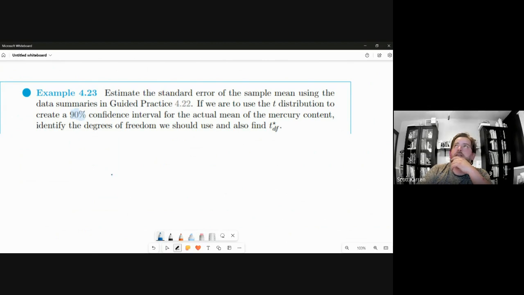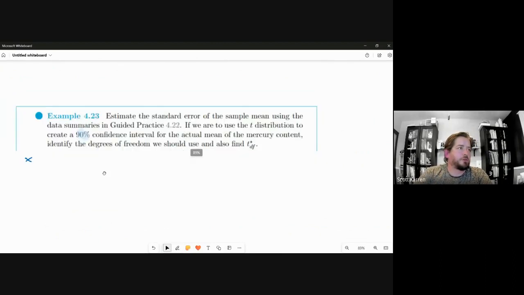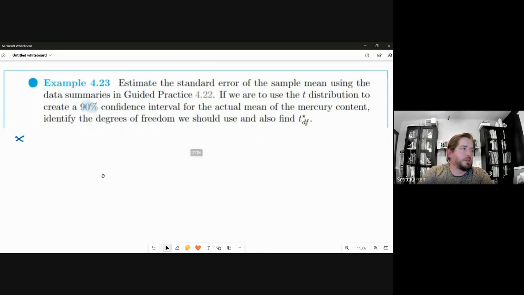All right, so my mean in that example was 0.287. The sample standard deviation, s, was 0.069.